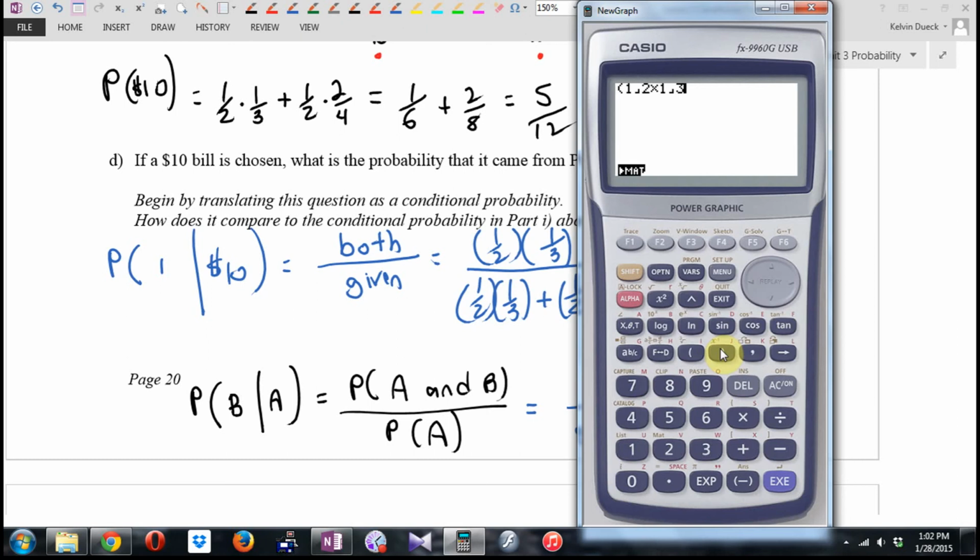That's how to use your fraction button. Close off the top. Divided by, on the bottom, I would go 1 fraction 2 and 1 fraction 3, or 1 fraction 2 and 2 fraction 4. Close bracket. What'd you get? 2 out of 5.